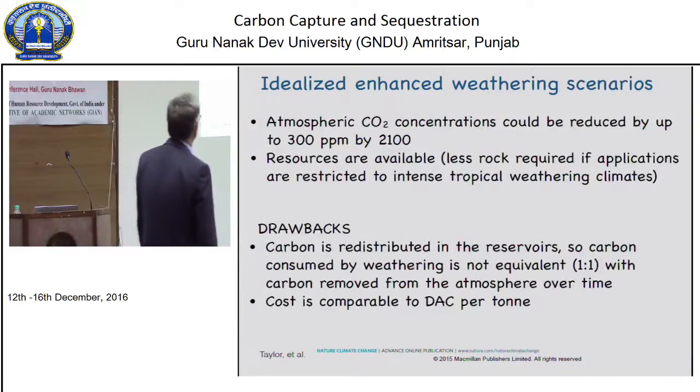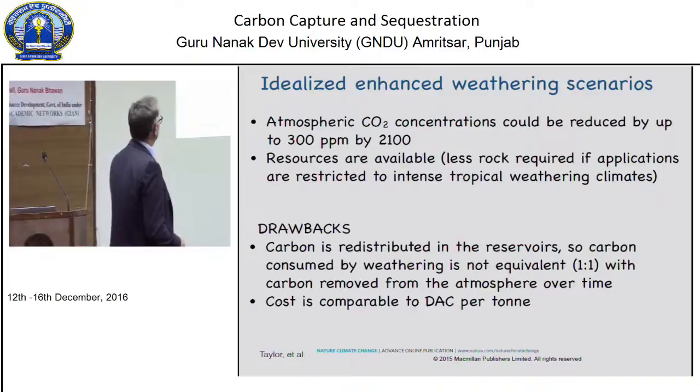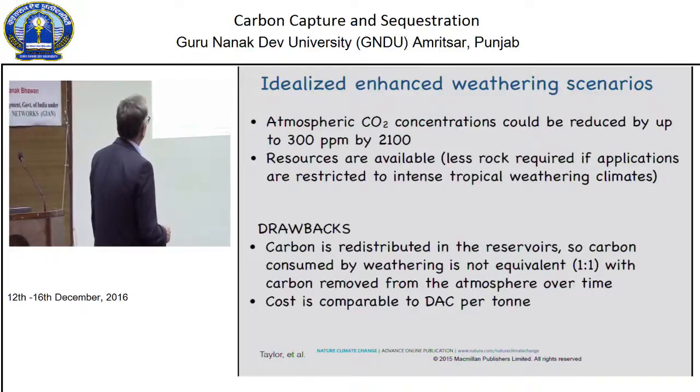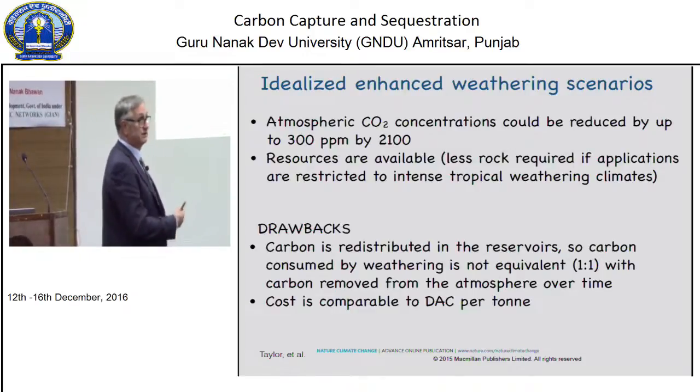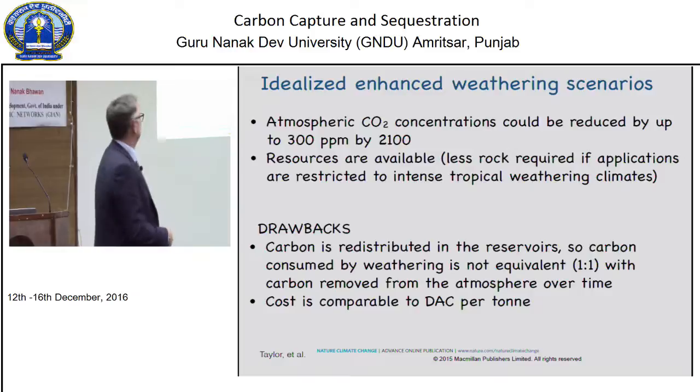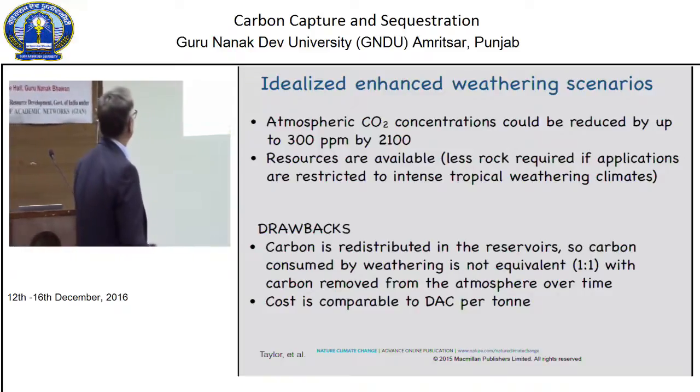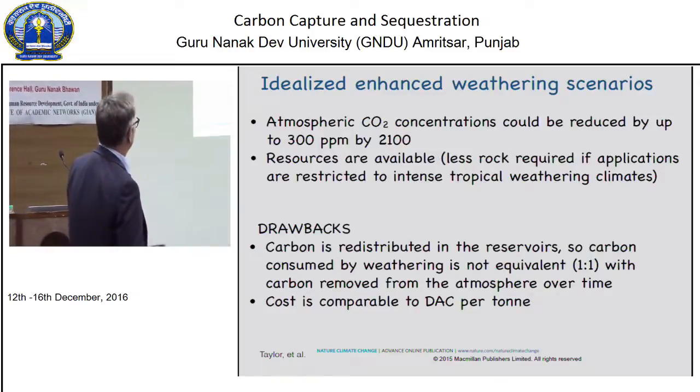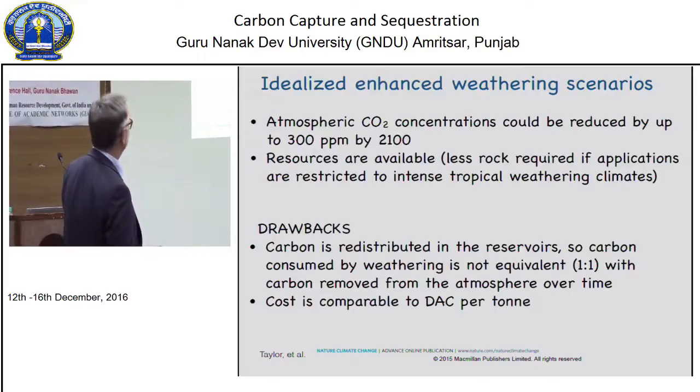And the kinds of scenarios you would imagine, we could reduce the CO2 concentrations by up to 300 ppm. So this is really the most significant of all the technologies we've talked about to bring us back into pre-industrial age. There are resources available, particularly if you go to places where you have a lot of water in the air, then there's less rock available.